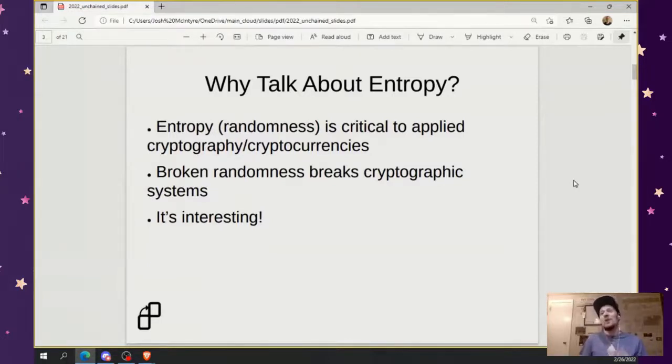And broken randomness can break cryptographic systems in really interesting ways. So we're going to talk about the different ways that we use random number generators and random functions in blockchains. And aside from some of the obvious ones, there are some interesting use cases that folks might not have thought of before. So hopefully, it's an interesting dive into why this topic is so important.